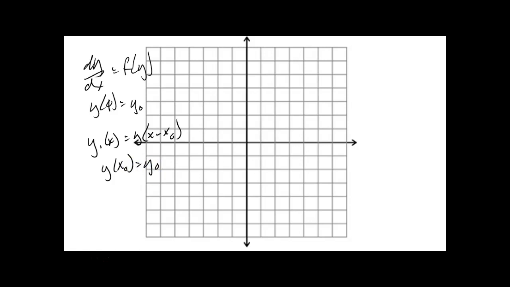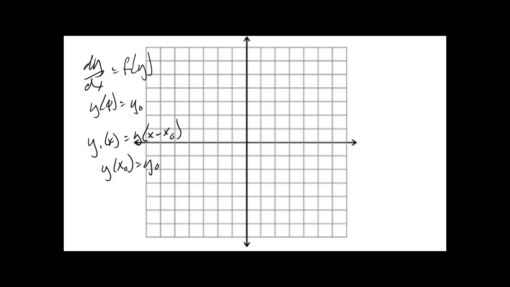So basically, it's sort of weird the way they're phrasing it. That would be one solution if we knew that initial condition. But if you also knew that y1 of k was just a horizontal translation, x0 units or k units, one way or another, then that same differential equation would now have a new initial condition to match that other line, this horizontal shift.